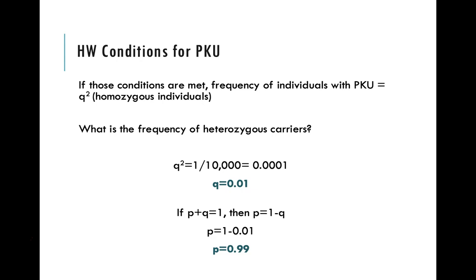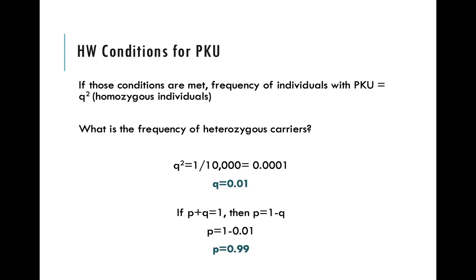So q squared is equal to 1 in 10,000, or 0.0001. Okay? If we then square root it, we find that q is equal to 0.01. We now have an allele frequency. We started with a genotype frequency, and now we have an allele frequency. This is really important, and it's the number one place where students mess up this problem.